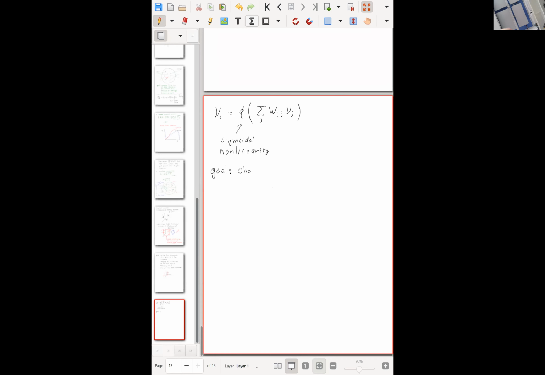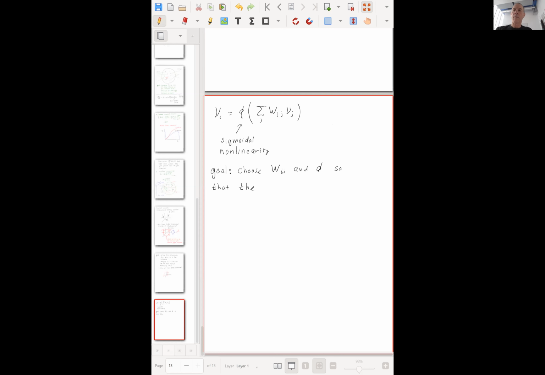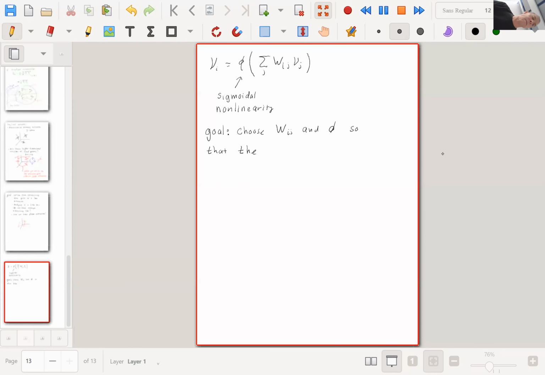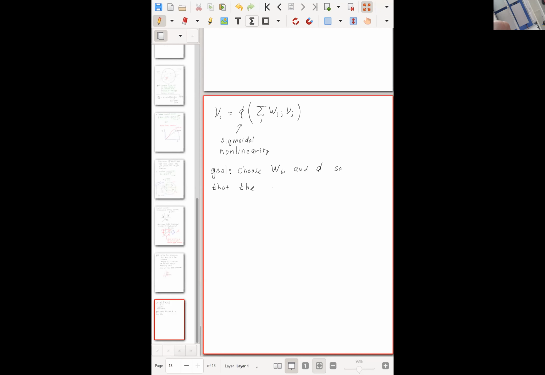choose W_ij and phi so that there is a continuum of fixed points.